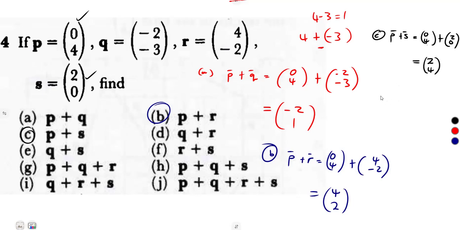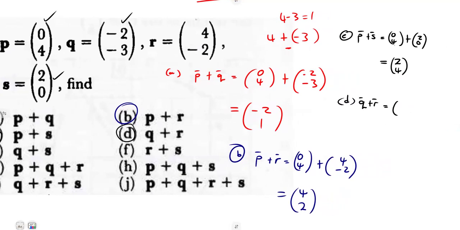So this is what you're going to have. Then Q plus R, vector Q plus vector R. Our vector Q is (-2, -3) plus the vector R, which is (4, -2).